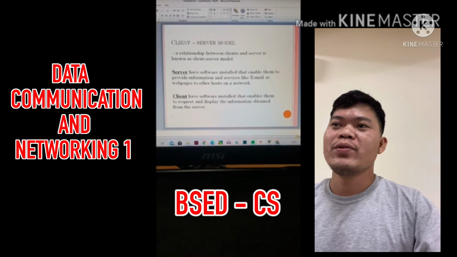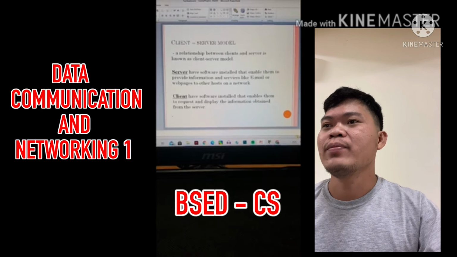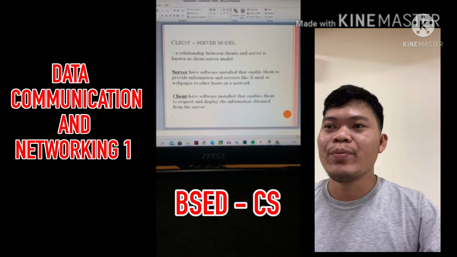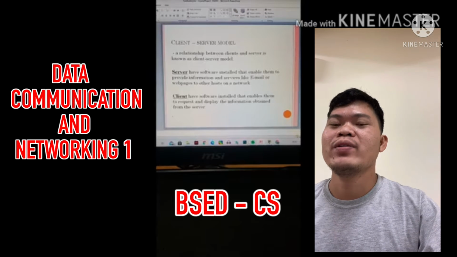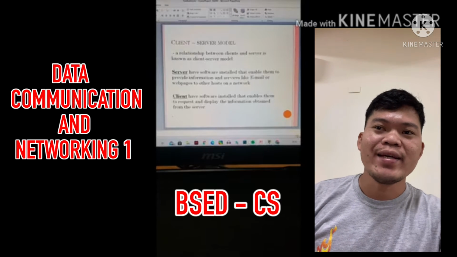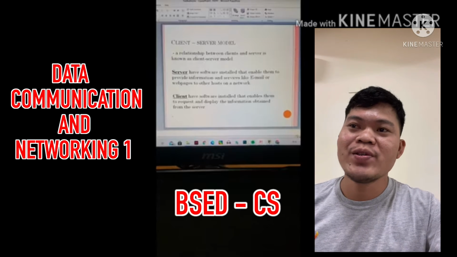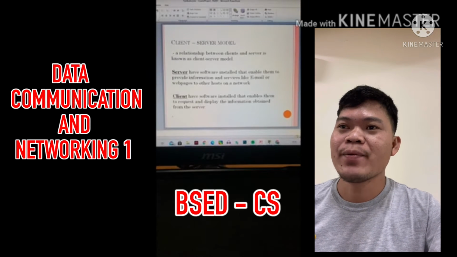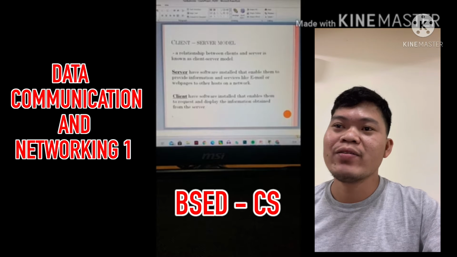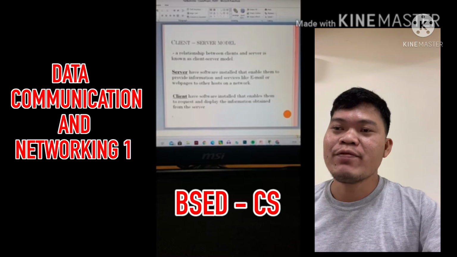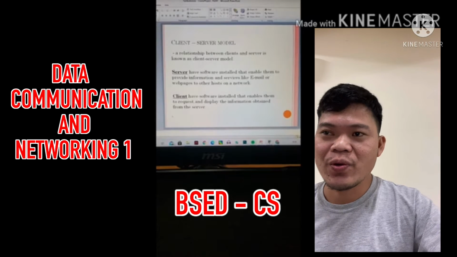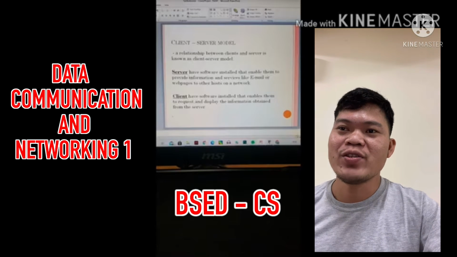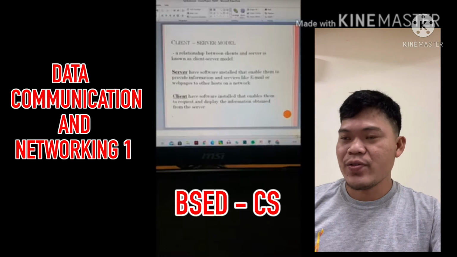Servers have software installed that enables them to provide information and services like email or web pages to other hosts on a network. Then you have the client. The client also has software installed that enables it to request. So we have to take note of the word request from the client. The server is to provide information; the client is to request and display the information obtained from the server.